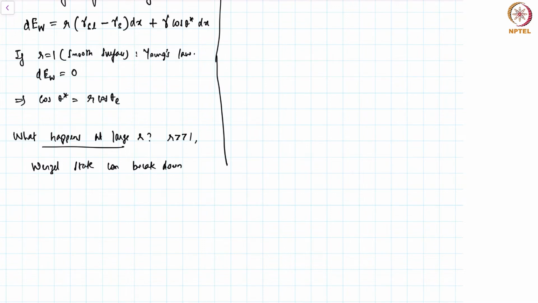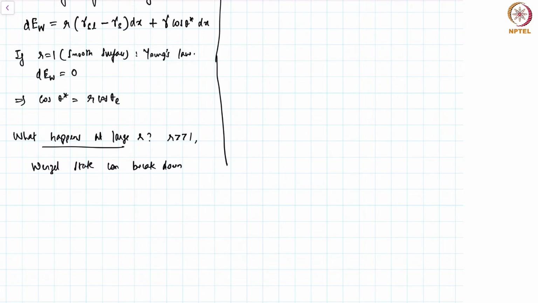Mathematically, that should be fairly evident. When R becomes much larger than 1, you may reach a situation where cosine of theta star can exceed 1, which is physically impossible. What ends up happening physically is that the Wenzel state completely breaks down.